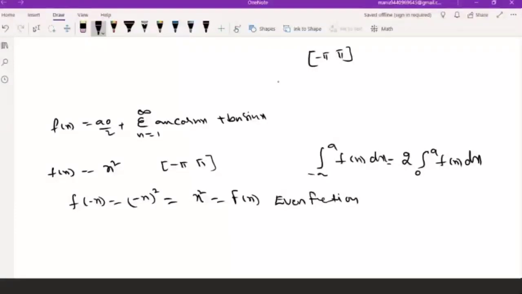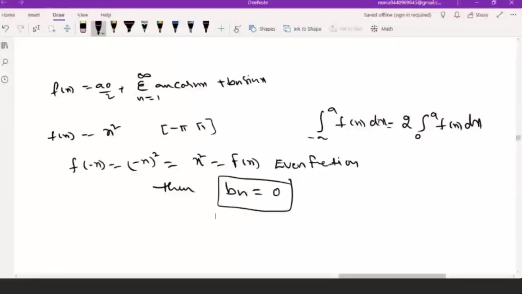So if the function is even, then the b n value is equal to 0. So we got b n equal to 0. Now we have to find the a naught and a n values. So a naught is equal to 1 by pi times the integral from minus pi to pi of f of x dx.